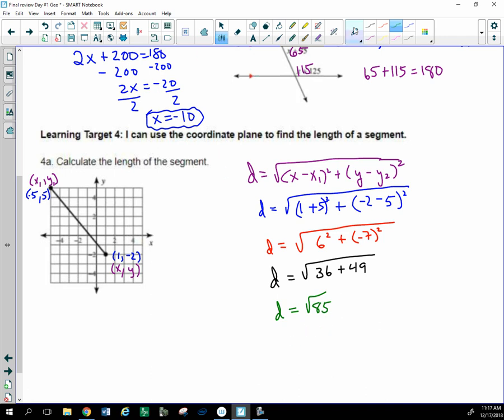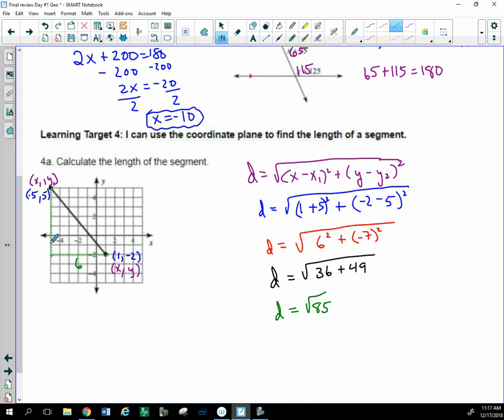The other way I could have gone about this is to get rid of the subtraction and use the Pythagorean theorem. If I counted this way and then counted vertically, I could get rid of the distance formula portion. This distance is 1, 2, 3, 4, 5, 6. That distance is 6.